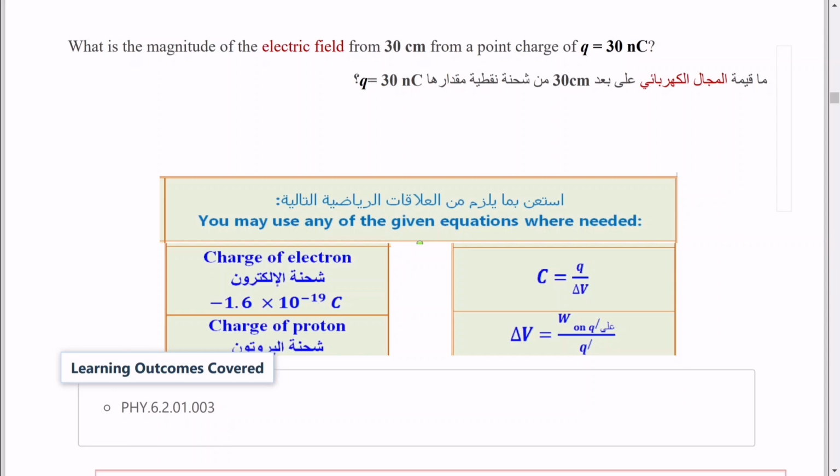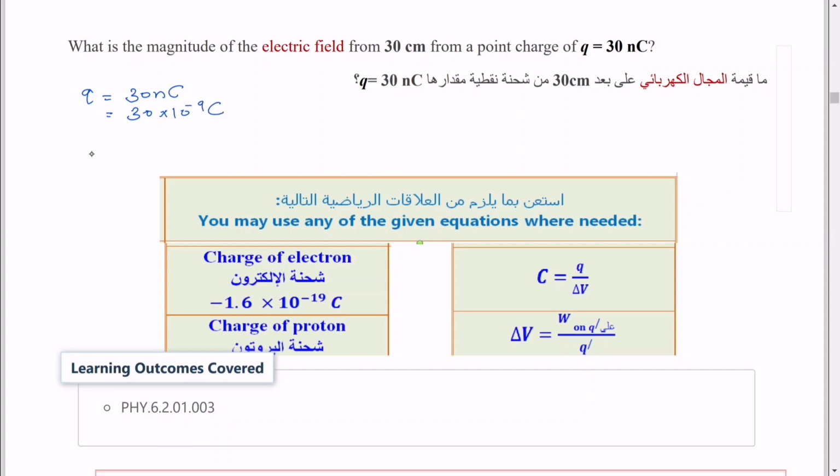Question number 6. What is the magnitude of electric field 30 centimeter from a point charge Q equal to 30 nanocoulomb? So here in this question, charge is given. Charge is equal to 30 nanocoulomb. So 30 nano means 10 to the power negative 9.